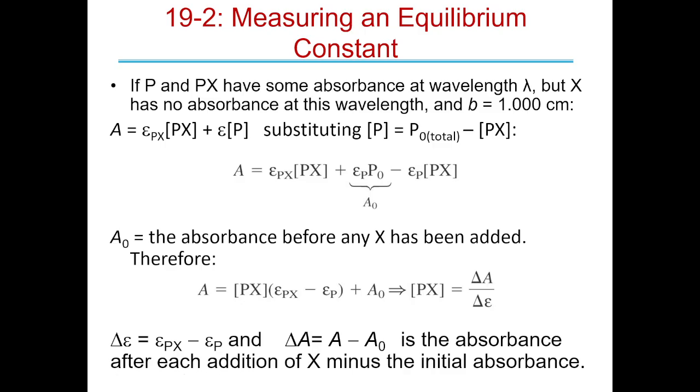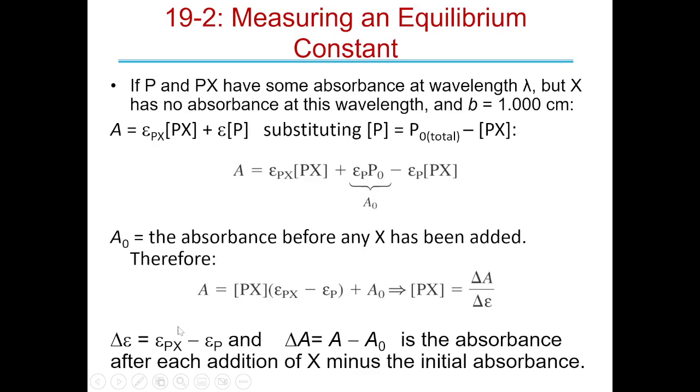This essentially gives you PX equals the change in absorbance over the change of extinction coefficient. So again, the change in extinction coefficient is this term right here. See that?